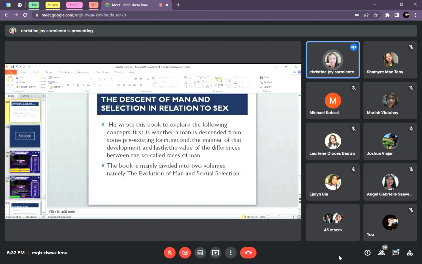Basically, the descent of man, which was published by Charles Darwin in 1871, stated that human beings shared a common ancestor with the great African apes. So, ito yung isa sa naging controversial nga po na statement ni Charles Darwin that we human beings, may share a common ancestor with the apes.